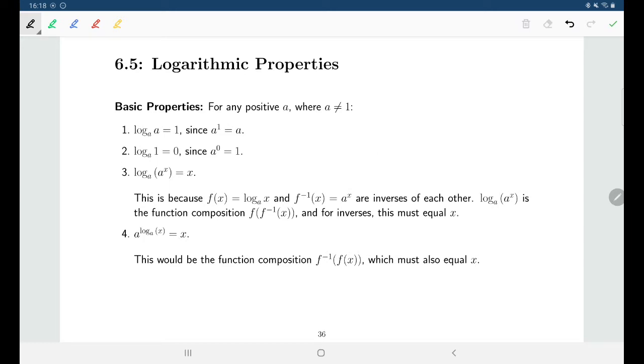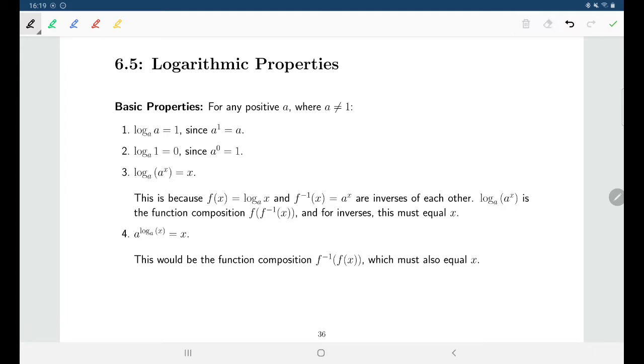And since the logarithm and the exponential function with base a are inverses of each other, then log base a of a to the power of x, putting an exponential function inside a logarithm, composing one function with another, they should cancel each other out and leave you just with x.